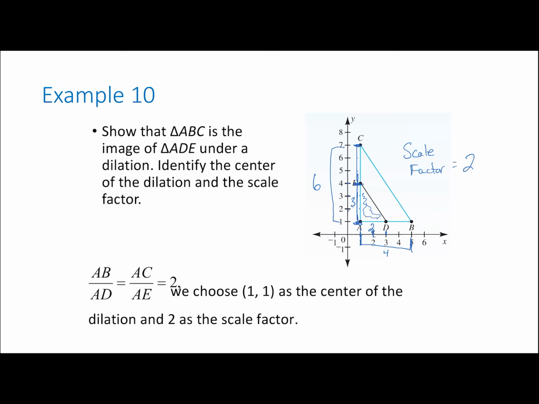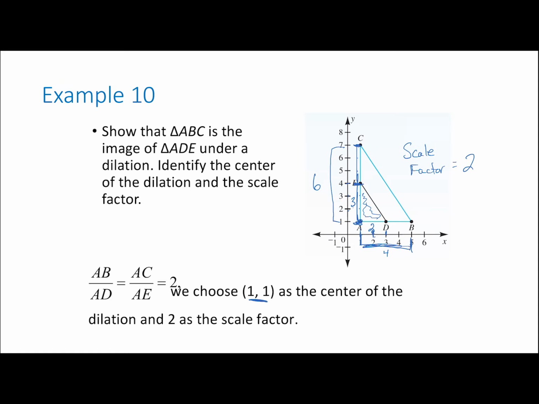Now, where's the center of this dilation? It has to be at point A, because point A didn't change, right? We just extended the sides out, with point A being our center point, which is the ordered pair (1, 1). And so what we're able to do to show that this is a dilation is compare those sides. AB, which is this side here at the bottom, divided by AD gives us 2, right? So 4 divided by 2 is 2.